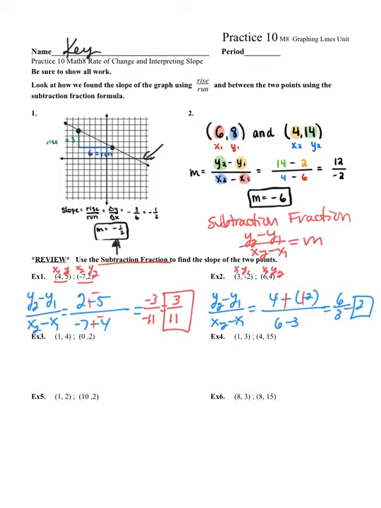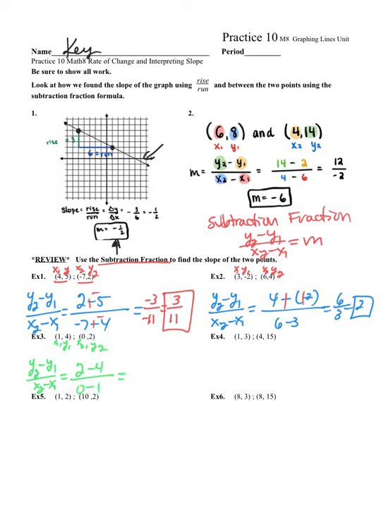Okay, sorry about that. Okay, so now we have x1, first x, first y, second x, second y. So we'll have y sub 2 minus y sub 1 over x sub 2 minus x sub 1. And that equals 2 minus 4 and 0 minus 1.